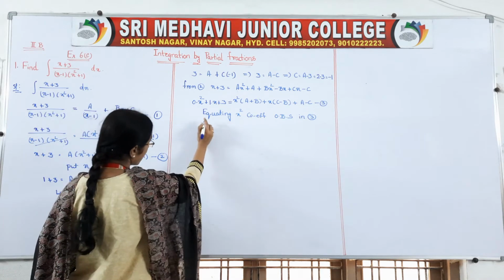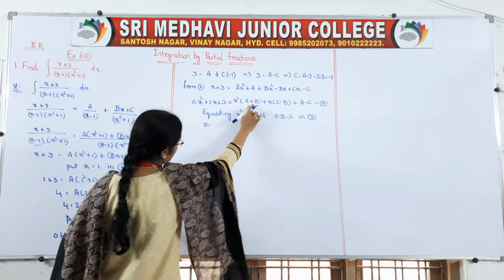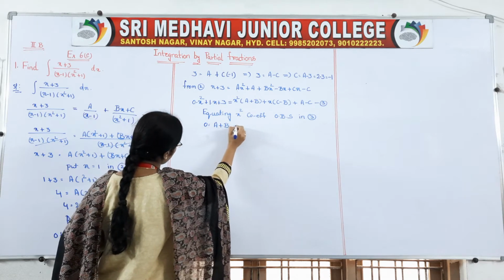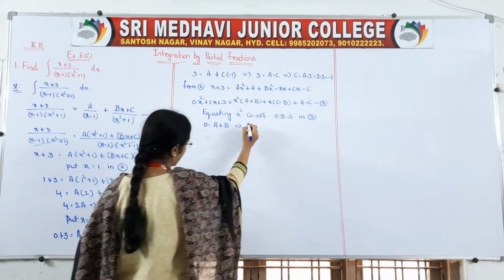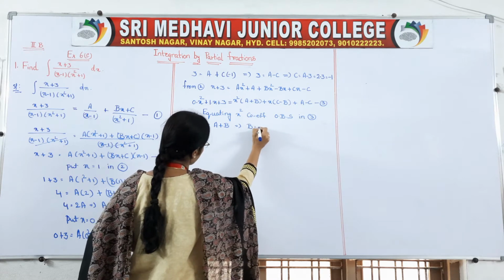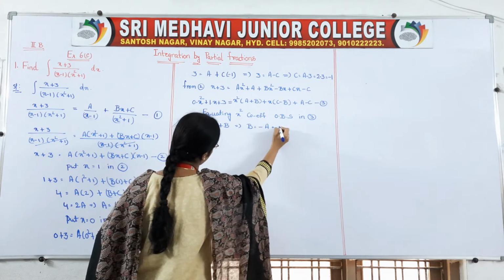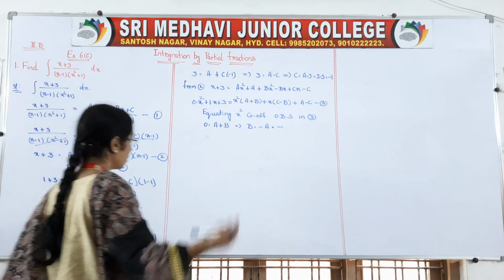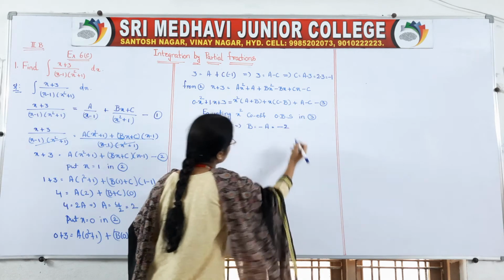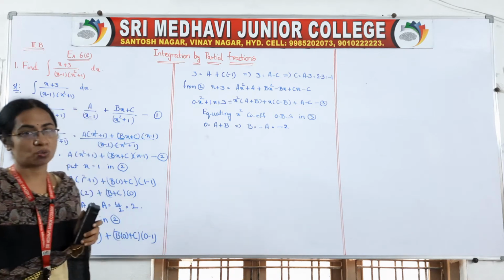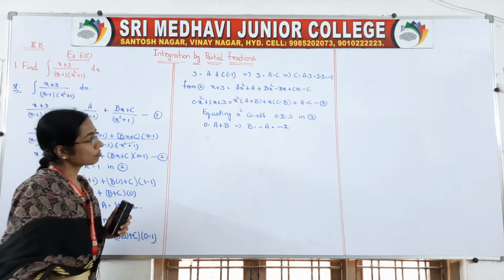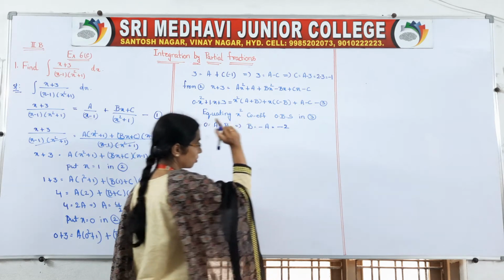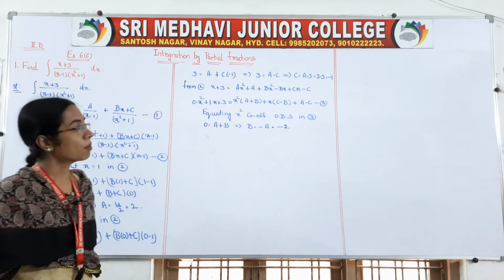The coefficient of x square is 0 on one side and a plus b on the other. We want the b value, so send a this side. So b is equal to minus a, which is equal to minus of, what is the a value? 2. So b is equal to minus 2. You got b is equal to minus a, that is equal to minus 2. So, b is equal to minus 2.